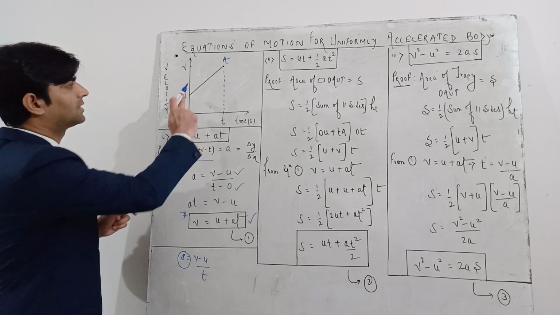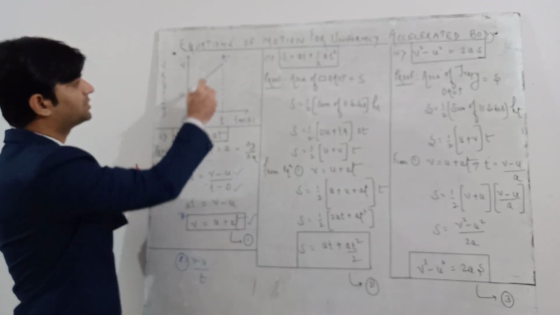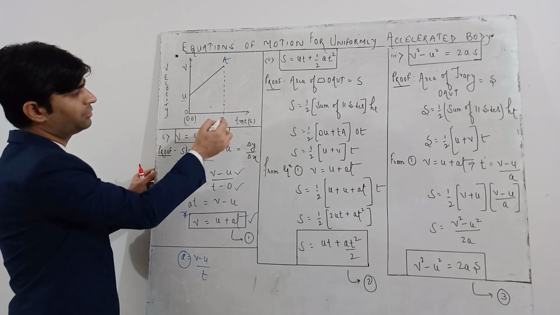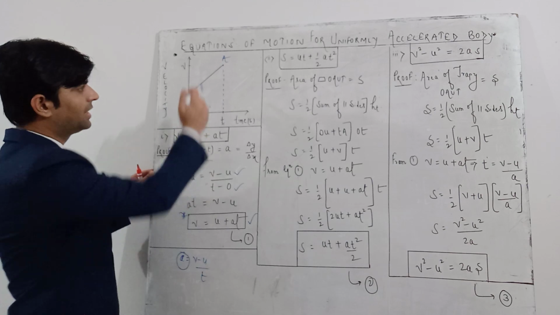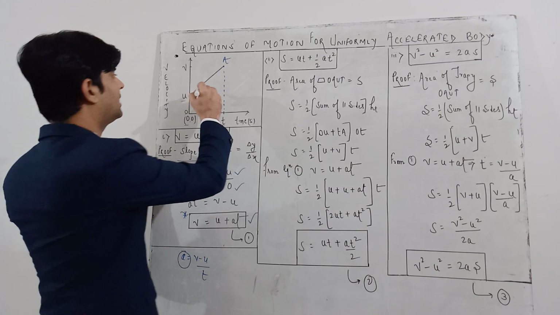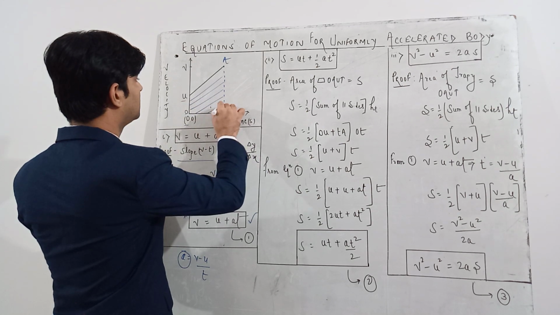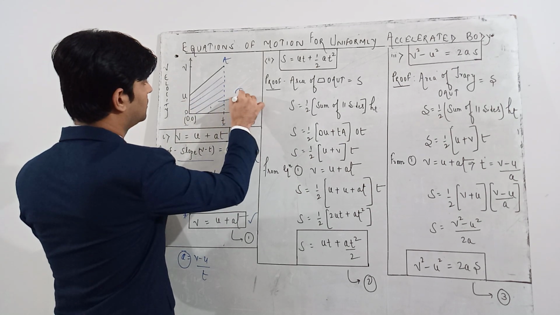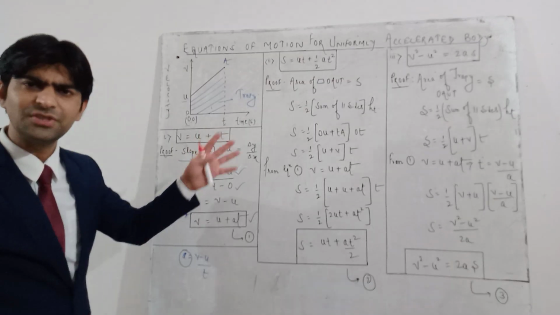Now this is the graph, UA is the graph. I have joined this line also, A to T. Which structure are you able to see here? The area under the graph is indicating that this structure is a trapezium.